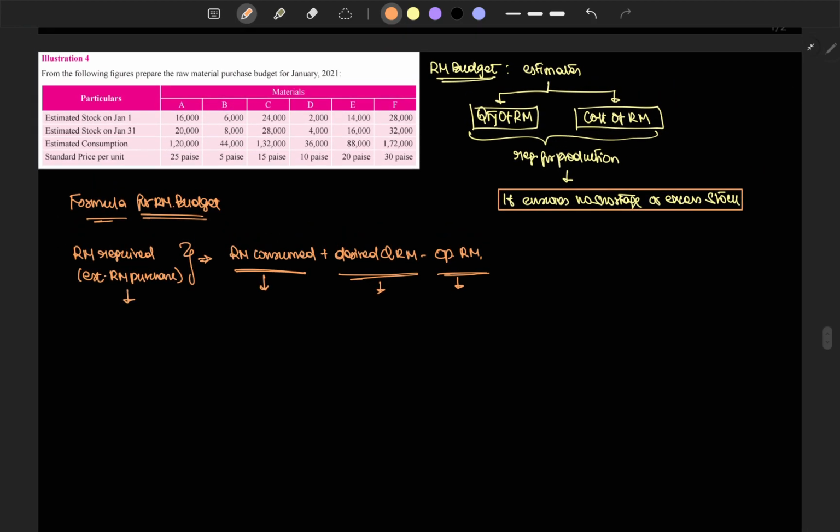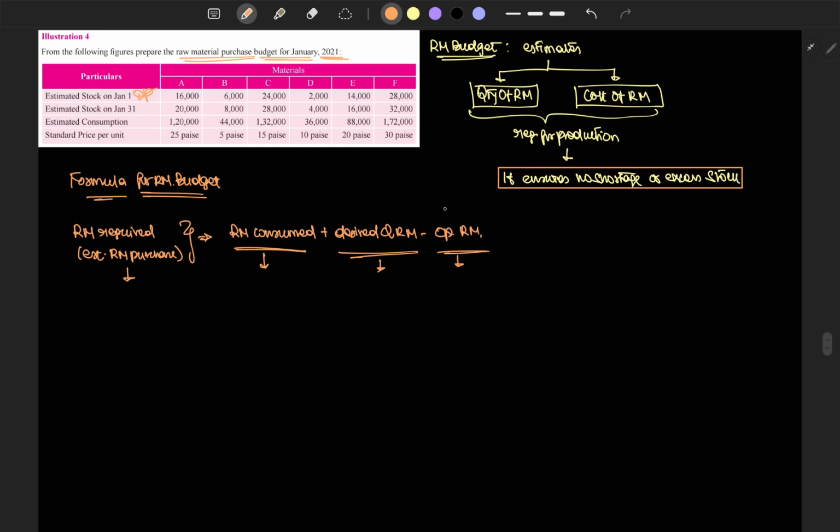Now from the question we can understand that they are asking us to prepare the raw material purchase budget for January 2021. The estimated stock level is given, which is the opening stock given in the question. The closing stock is also given, the desired closing stock level the company has provided.